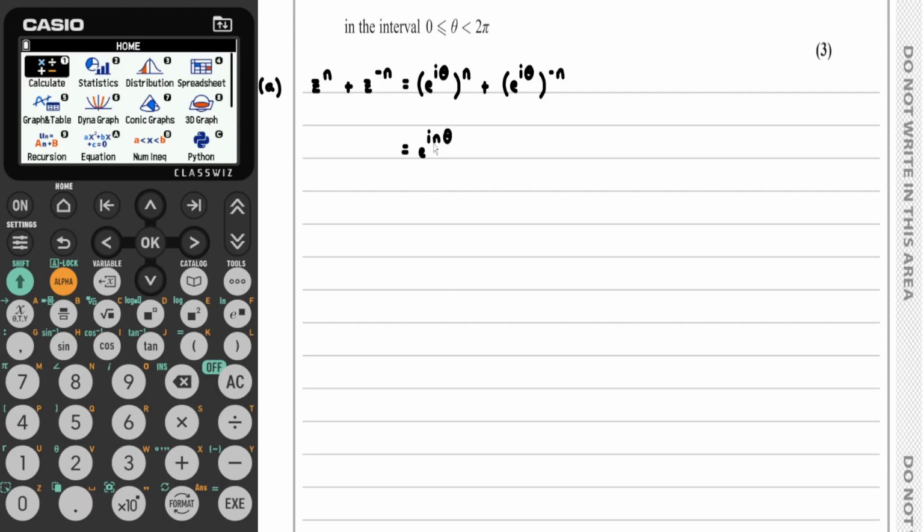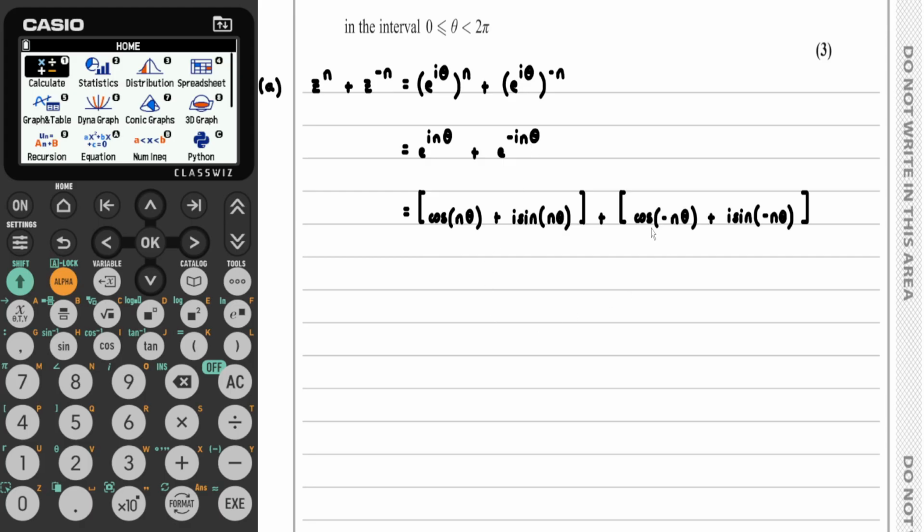So we have e to the i n theta plus e to the negative i n theta. e to the i n theta, that is cos n theta plus i sin n theta, and e to the negative i n theta, that is cos of negative n theta plus i sin of negative n theta.